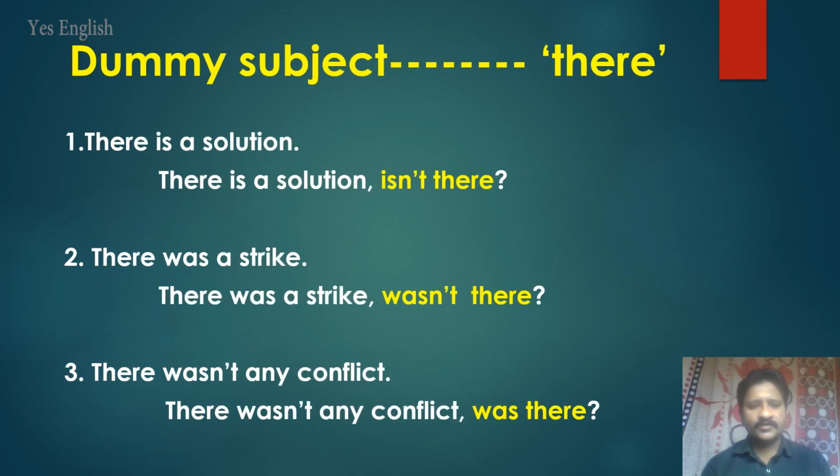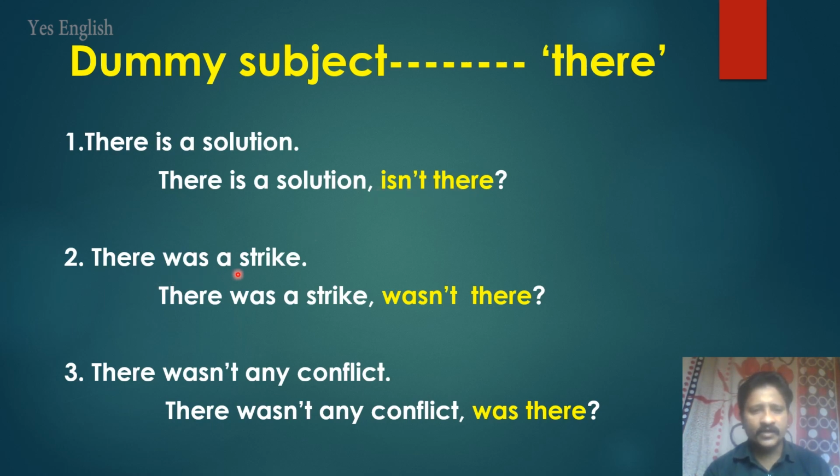Now in some sentences you can see the dummy subject there. Here you cannot see any person in the place of subject. So in such a case this dummy subject is repeated. There is a solution, so isn't there?